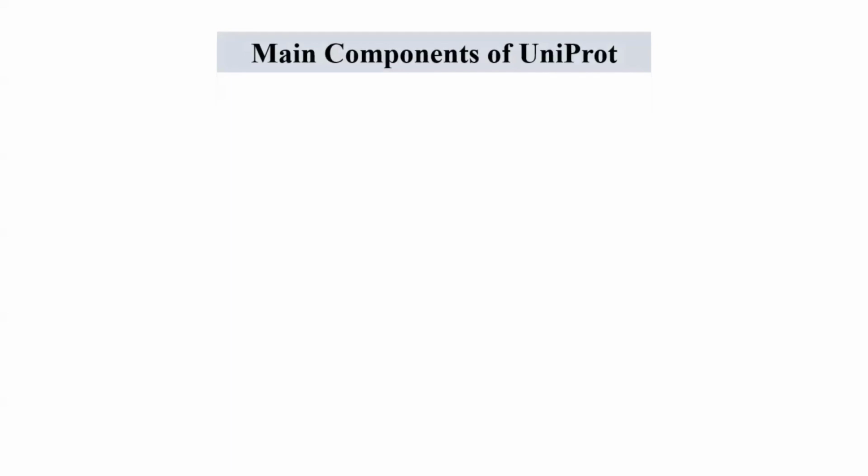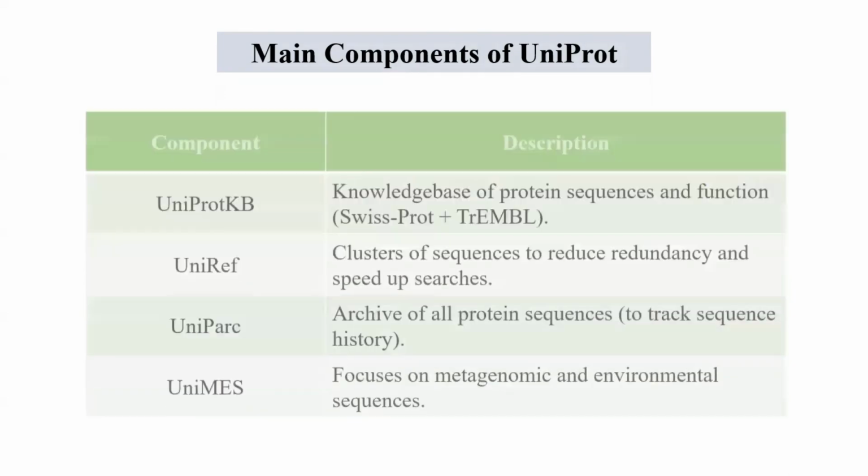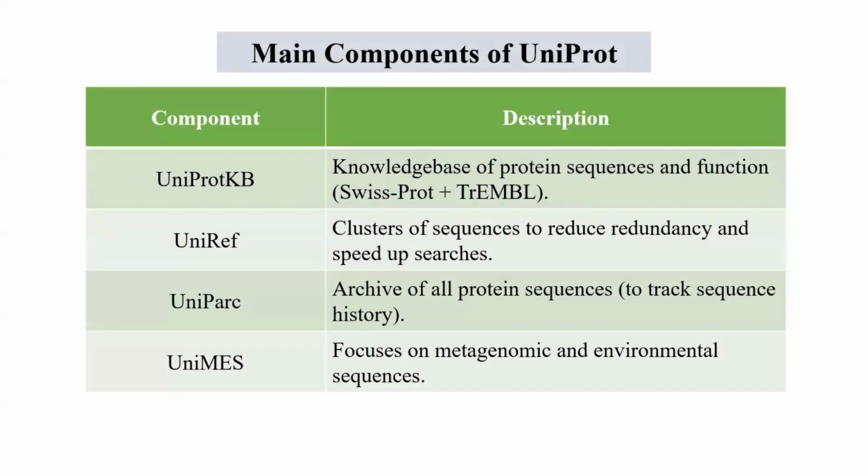Next, we can see the UniProt database. We can find the main components. First is the UniProt KB, which is the knowledge base of protein sequence and function, based on SwissProt and TrEMBL.